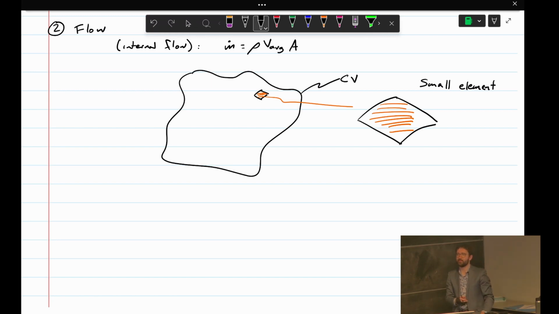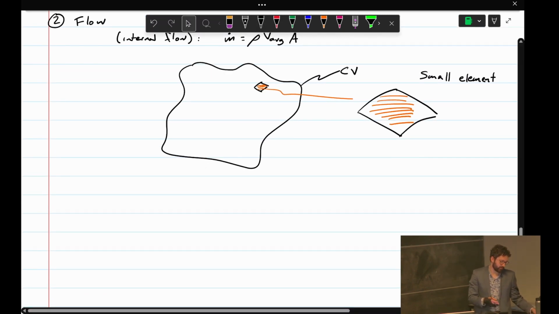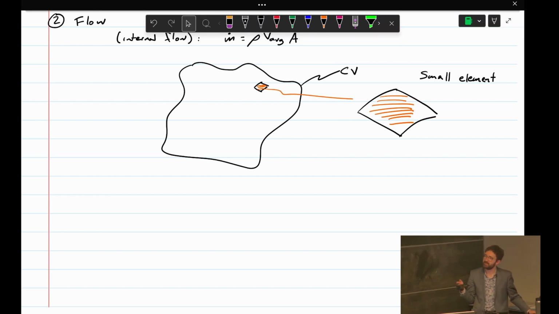Okay, so how do we determine the flow through this very small element? We need to do basically rho times v times A of this small element. But there are some special things we have to account for.